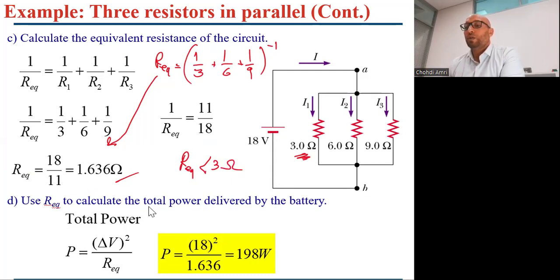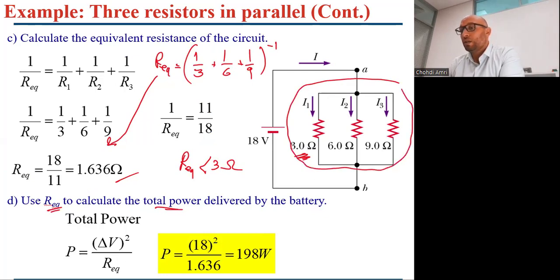Now, use R equivalent to calculate the total power delivered by the battery. The total power delivered by the battery is, as we said, delta V squared over R, because we have resistors. So if we substitute all of these 3 resistors by just one equivalent resistance, 1.636, the power in this case would be delta V squared over R equivalent.